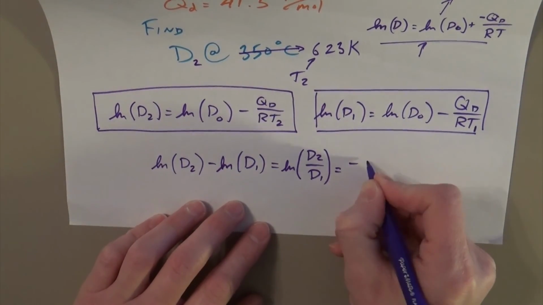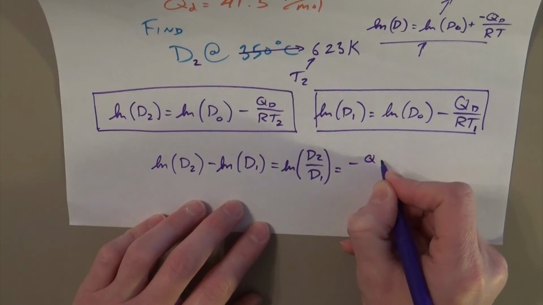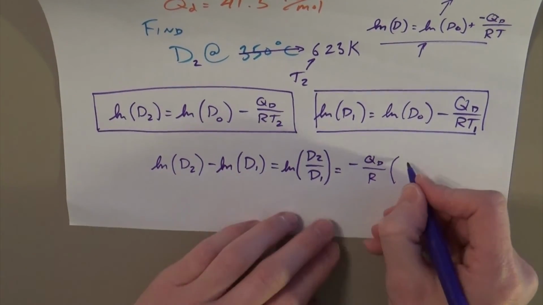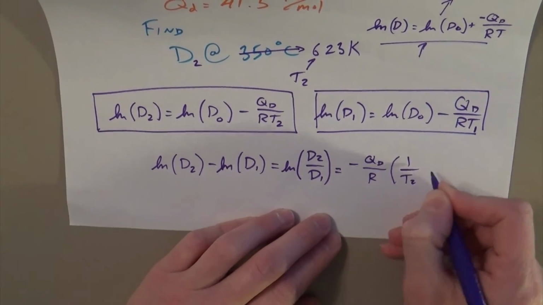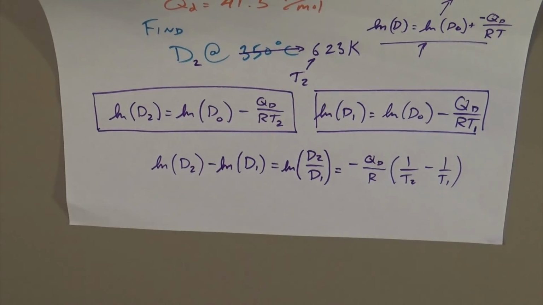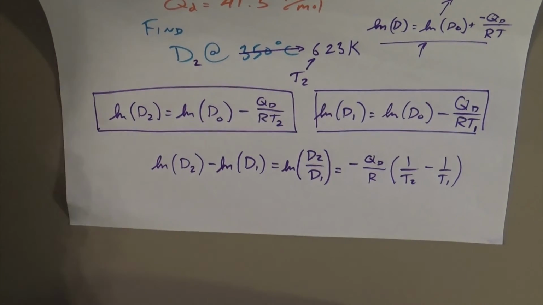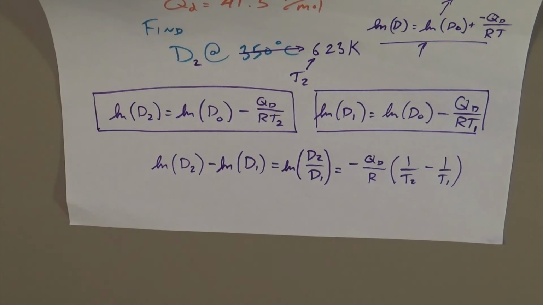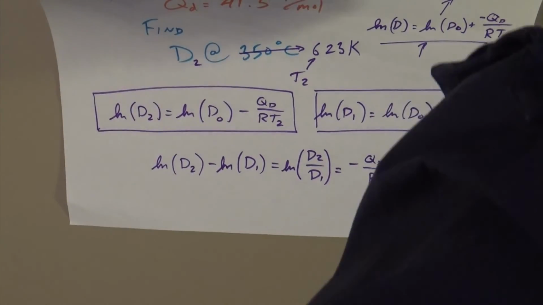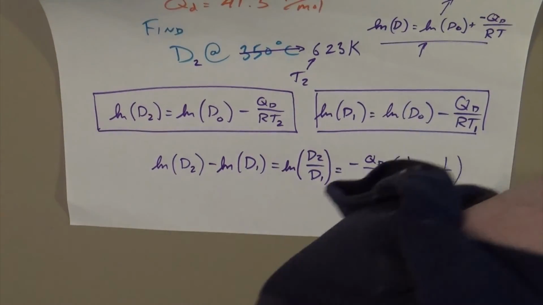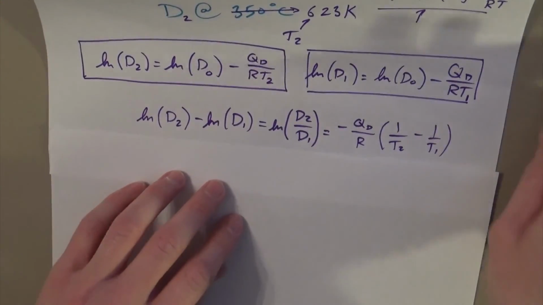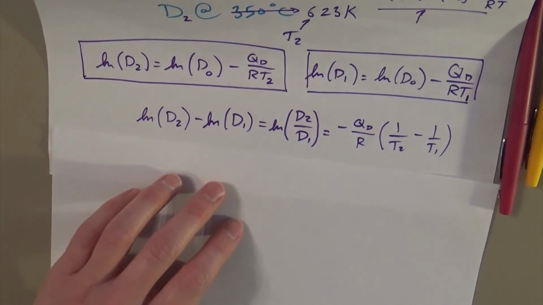And this is going to give us minus Q_D over R times 1 over T2 minus 1 over T1. So we can take that, and let me grab another piece of paper. Here's where we're at.